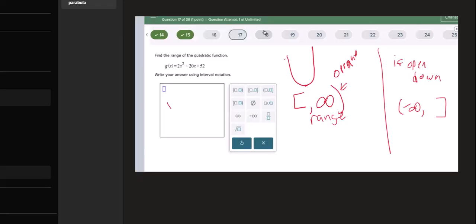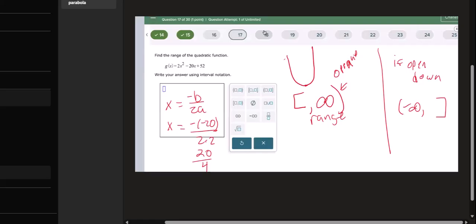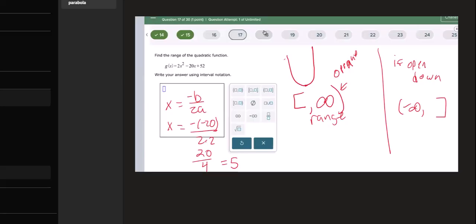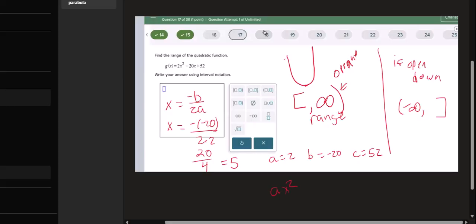So to find the vertex, x equals minus b over 2a. Here x would be minus negative 20 over 2 times 2, or positive 20 over 4, which is 5. That's the x-coordinate of our vertex. The y-coordinate, I plug that in. A is 2, B is negative 20, C is 52. So it's ax squared plus bx plus c.